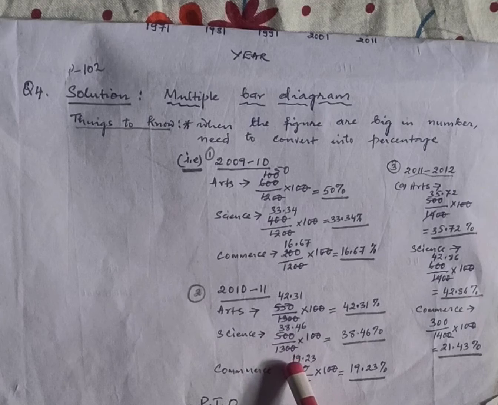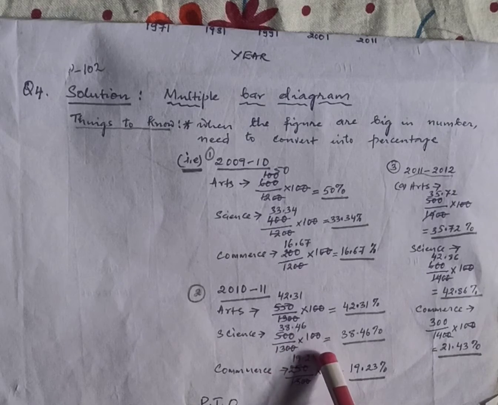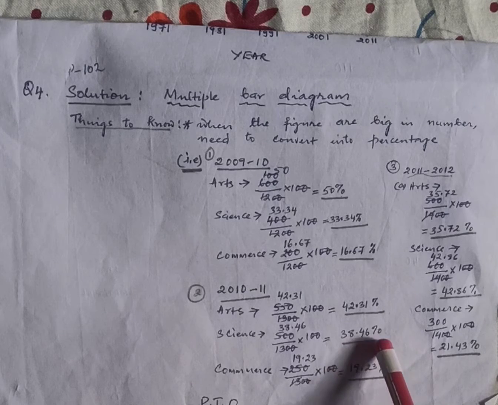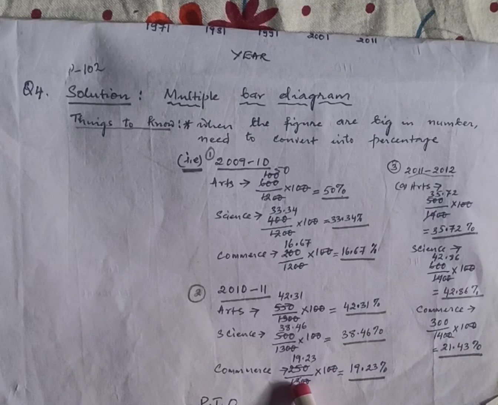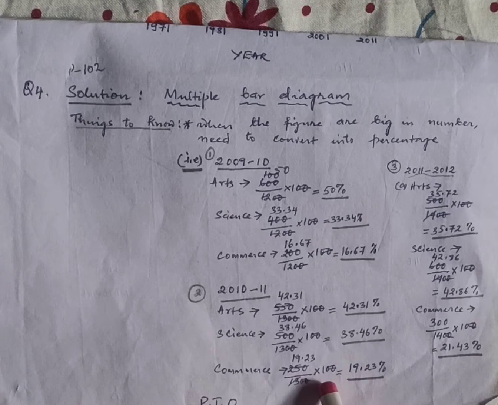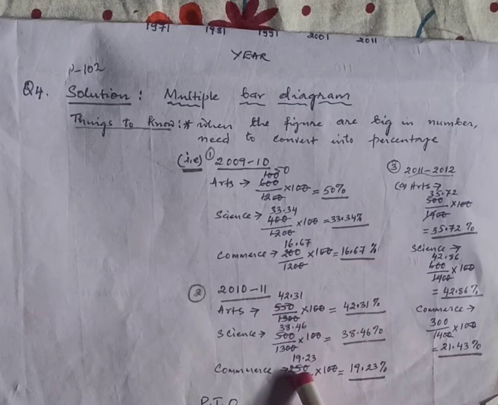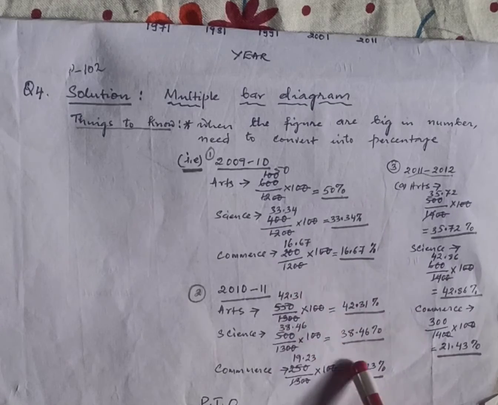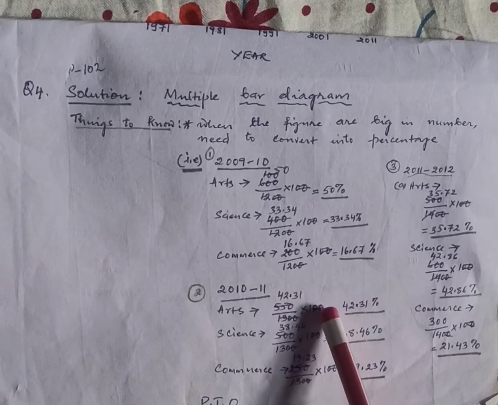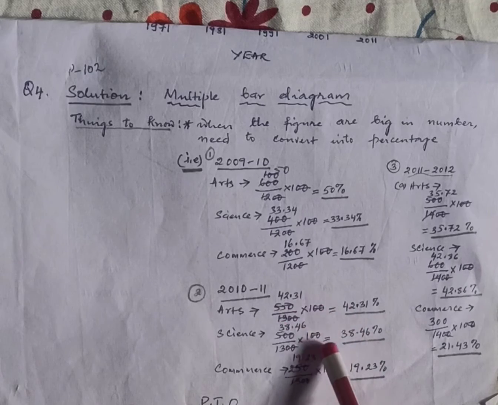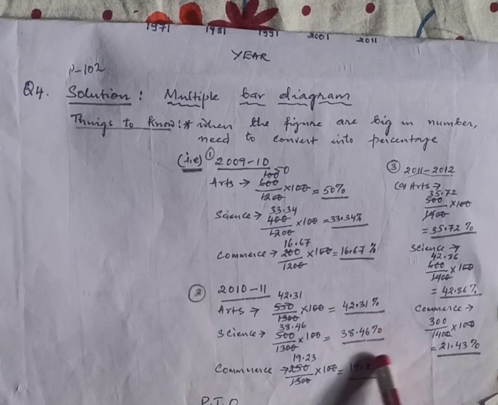Science, 500 divided by 1300 into 100, I got 38.46%. In commerce, the question gives 250, so 250 divided by total faculty into 100, I got 19.23%. So in 2010-11, converting each faculty into percentage, we are getting this.